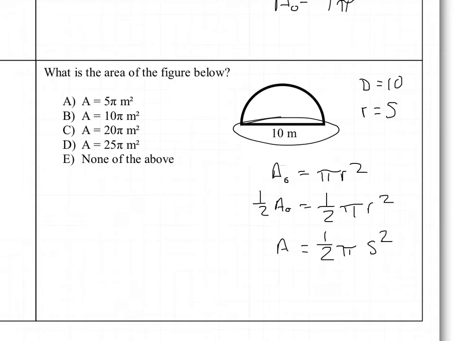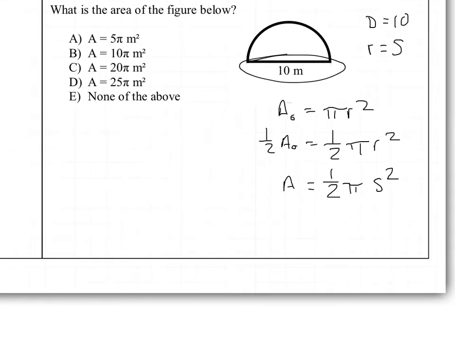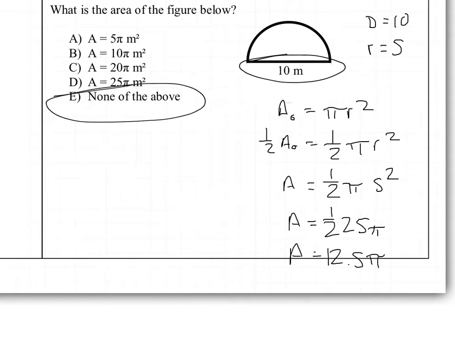So I get half of 5 squared, which is going to give me half of 25 pi. So the area would actually be 12.5 pi. So we can see our answer here is none of the above. Alright, so those are some of the key shapes that we need to find the area of to get into our work for today.